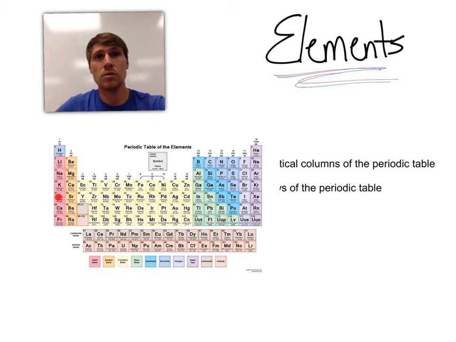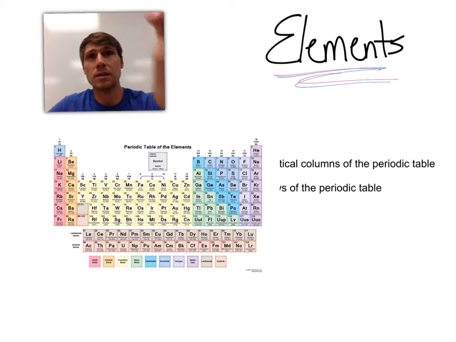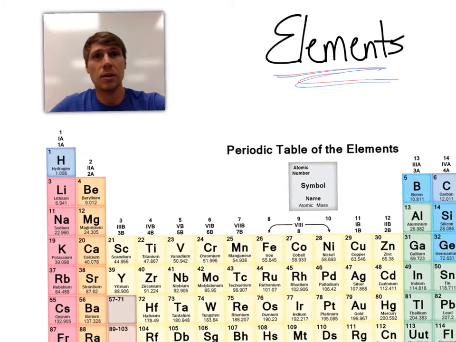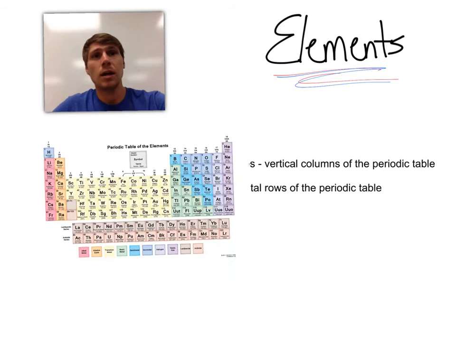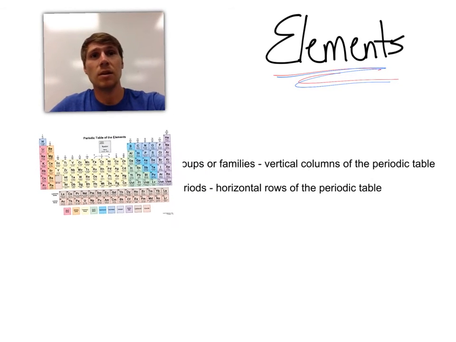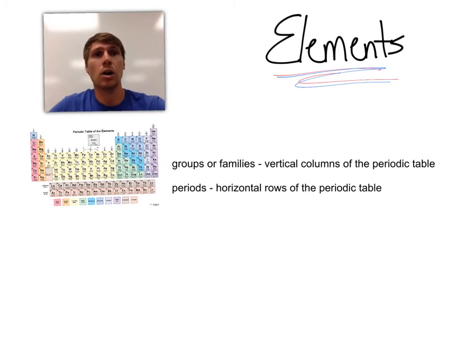So this is group 1 because it is the first column. Also, can you see up at the top there is a little number 1? That indicates that it is group 1. So a group is a column that goes up and down on the periodic table.